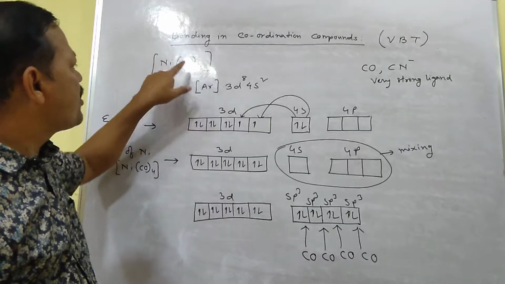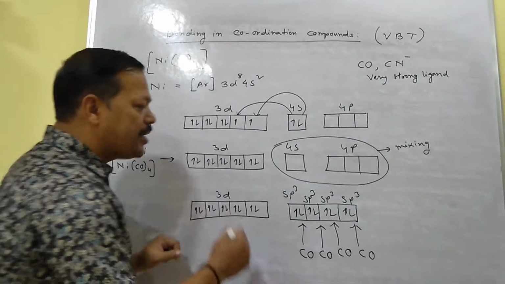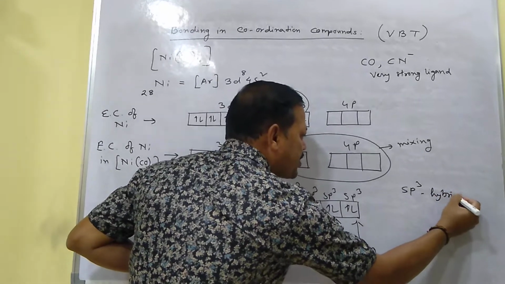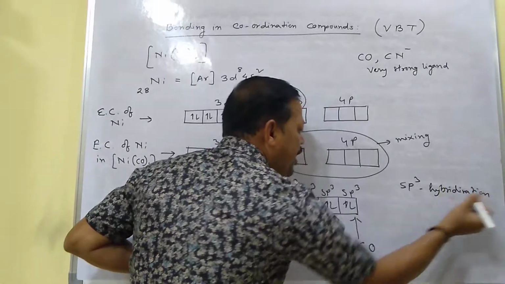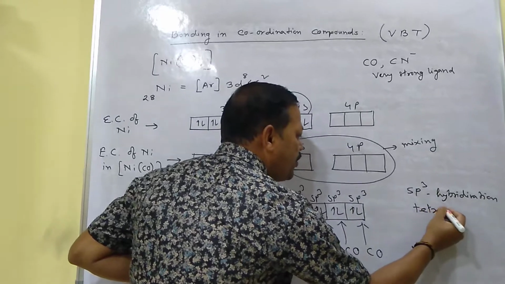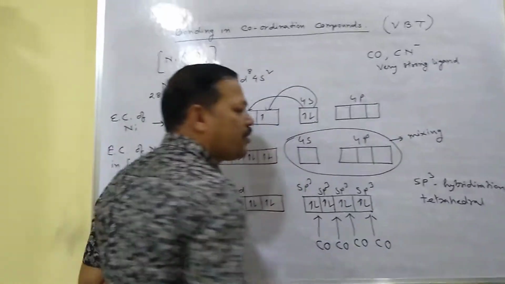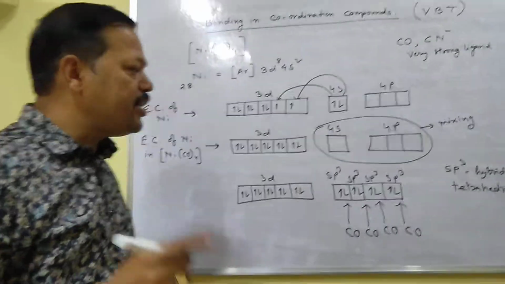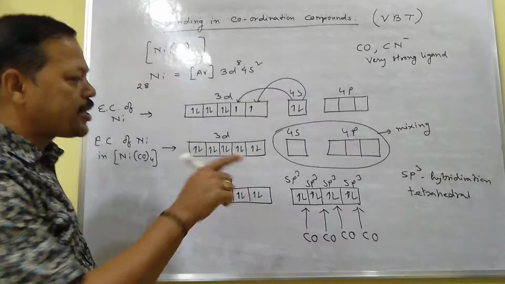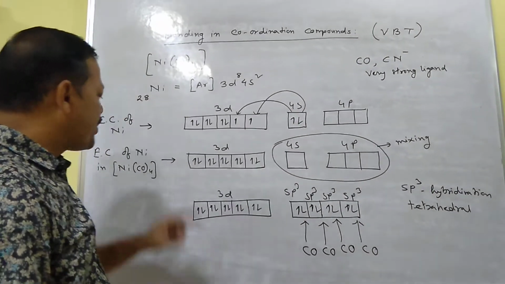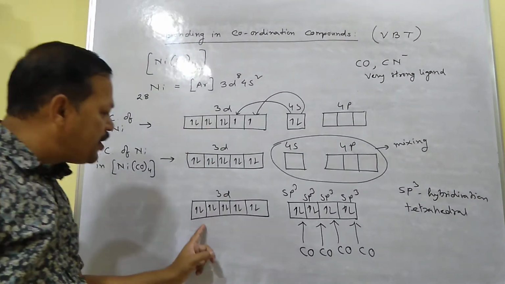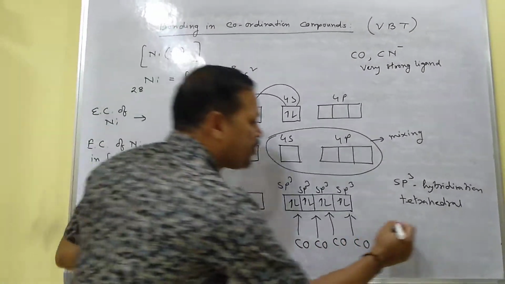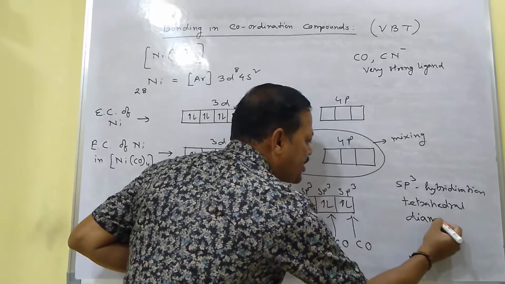So in this complex, tetracarbonyl nickel, the hybridization is sp3, and due to sp3 hybridization, the shape of the complex will be tetrahedral. sp3 always produces tetrahedral, dsp2 produces square planar, d2sp3 produces octahedral. After hybridization there is no unpaired electron in the complex; all are paired electrons, and that's why the complex is diamagnetic in nature.